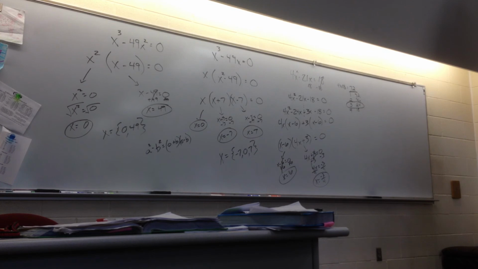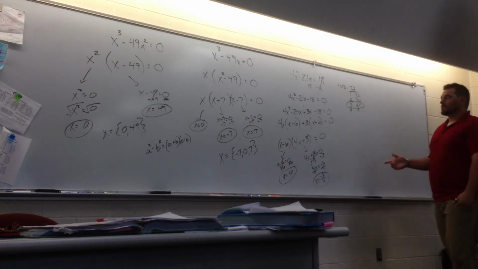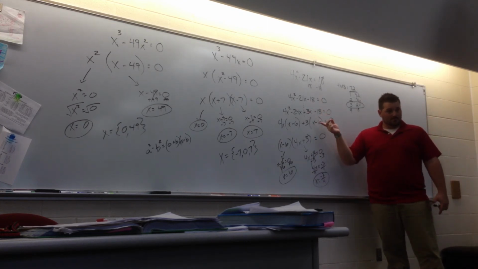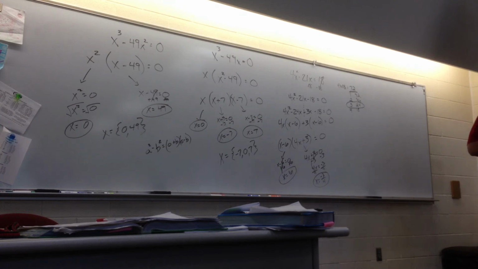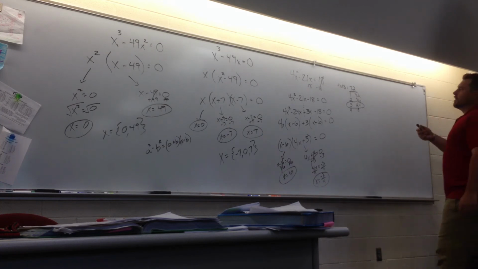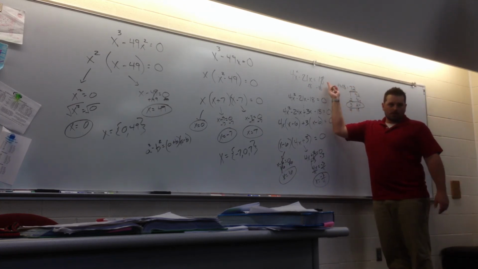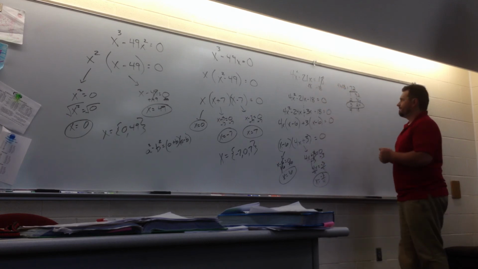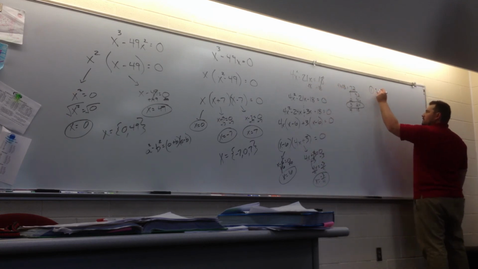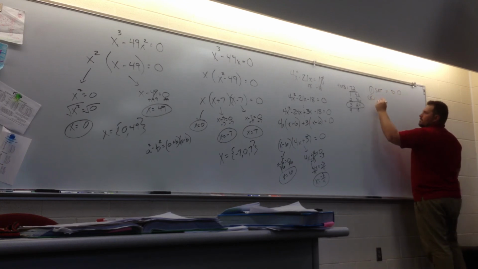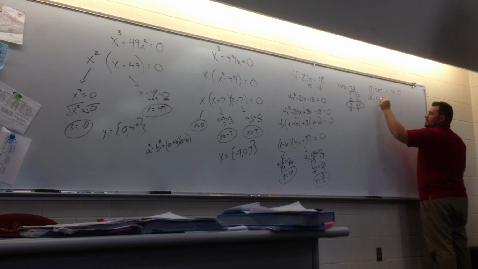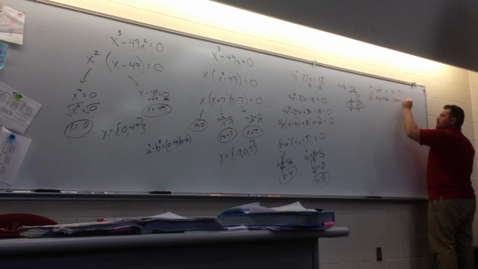Any questions about that? The hardest part of all of this is the factoring, right? It's not hard, it's just remembering exactly how to do it. So, first thing we want to do is make sure it's set equal to 0. The second thing we want to do is factor it all the way down completely.